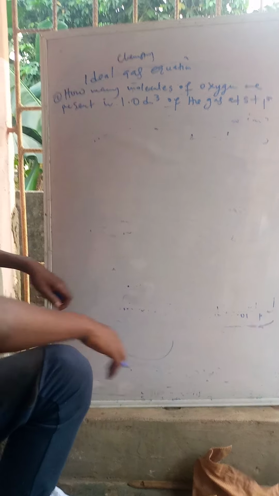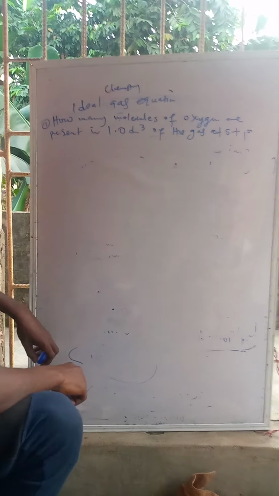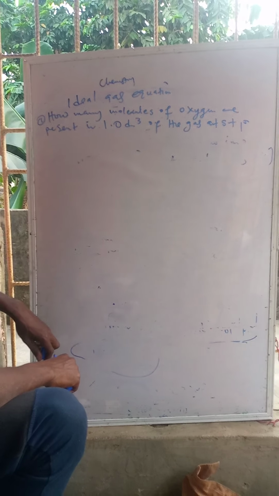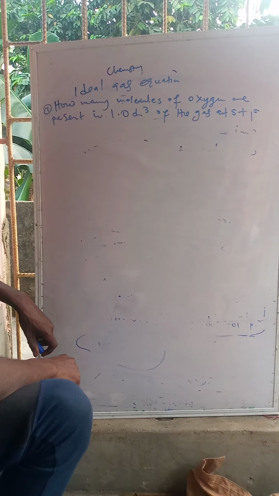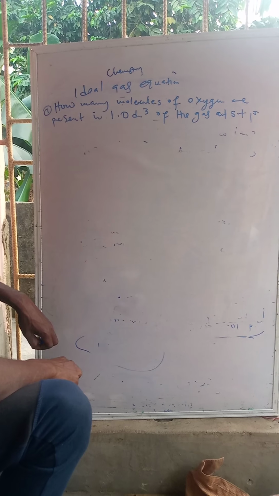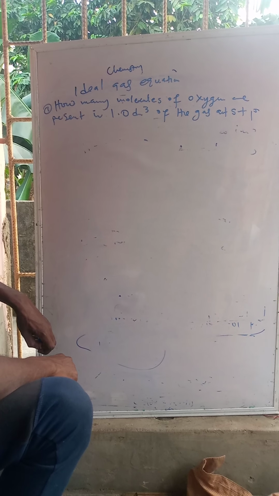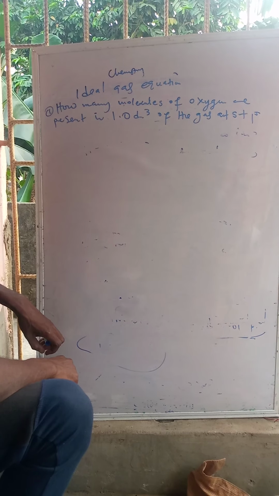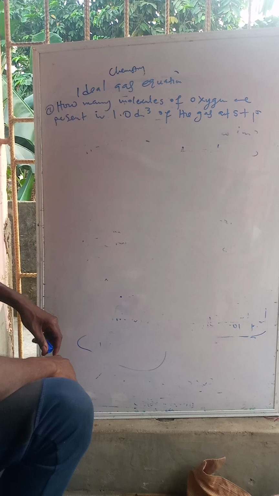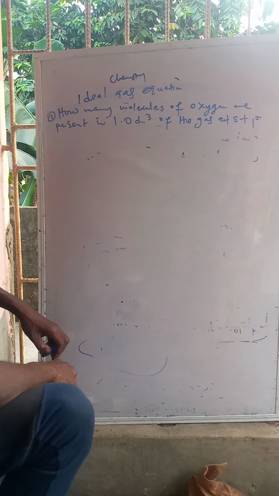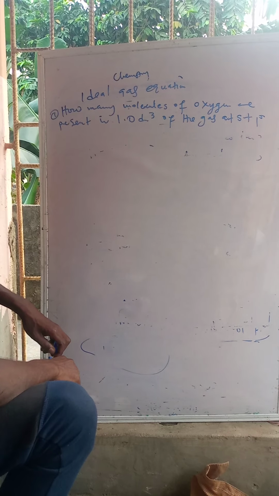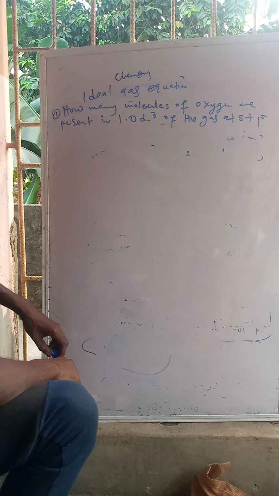When you hear "how many molecules", according to the formula I gave you on mole concept, the last formula I said, number of moles is equal to number of particles over Avogadro's constant. Anytime you hear how many molecules, a molecule is a particle, an atom is a particle, an electron is a particle, a proton is a particle, a neutron is a particle.